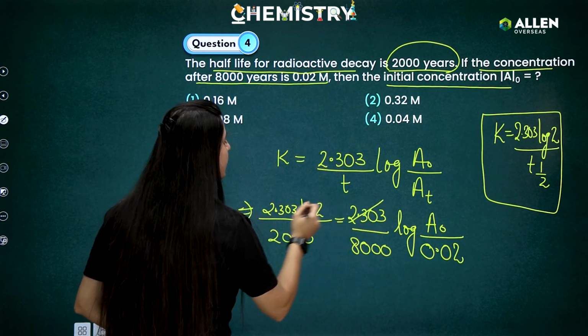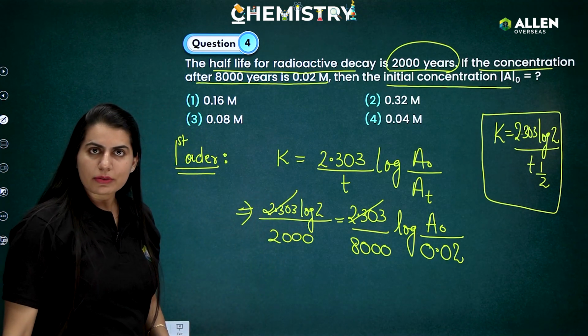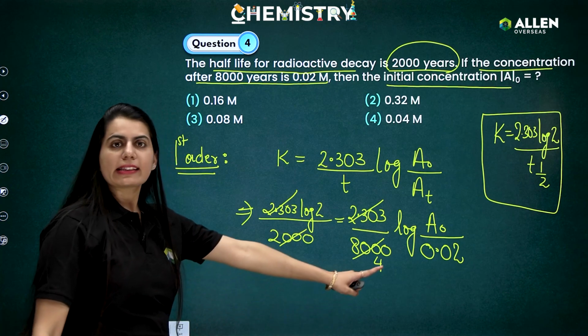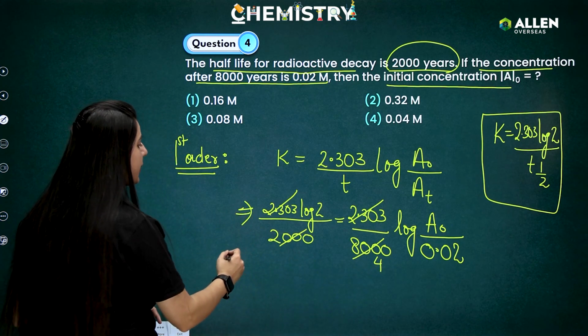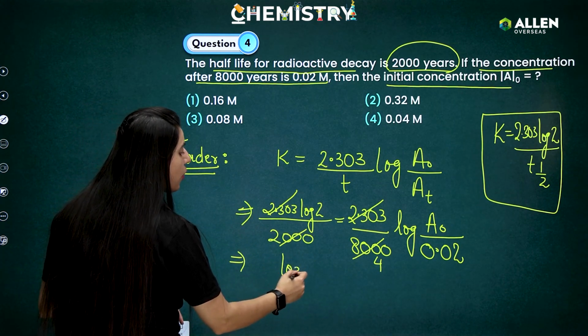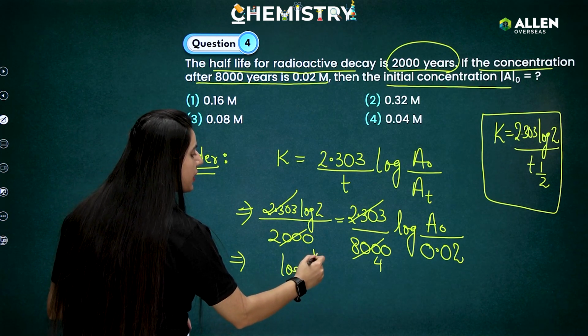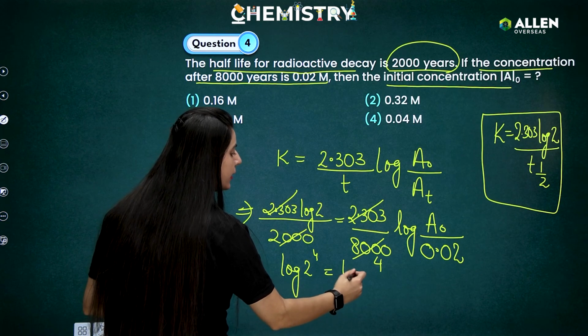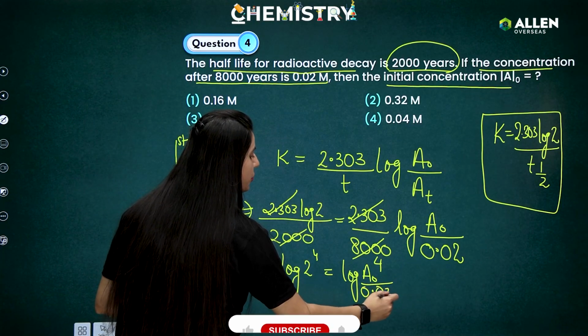Now 2.303 cancels out. 2000, 8000 cancels out. I'll take this 4 on the left side. What I'll be getting? 4 log 2. 4 log 2 I can write as log 2 raised to the power 4. And I'm equating it to log A0 divided by 0.02.